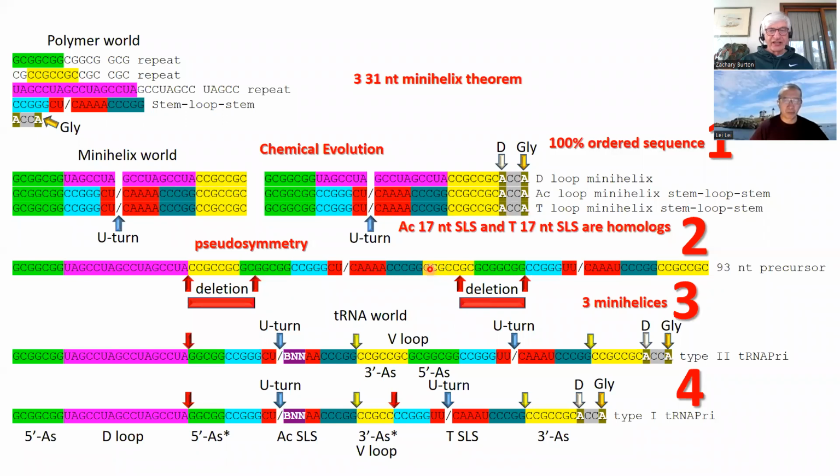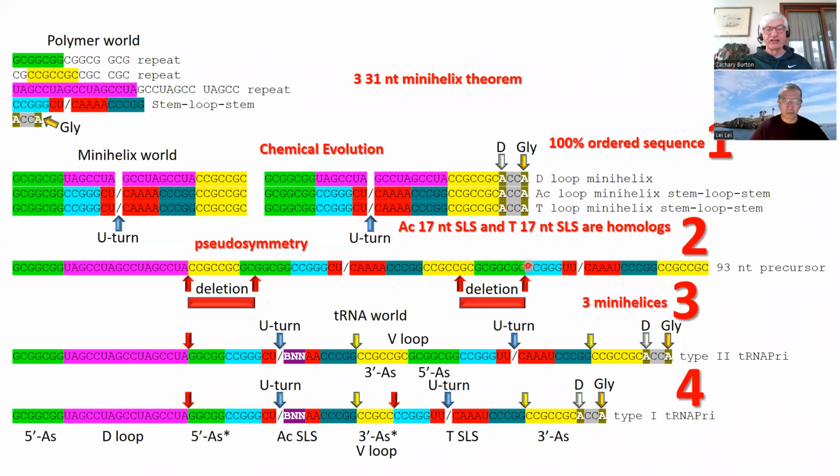Over on this side, if you do nothing, you end up with a 3' acceptor stem ligated to a 5' acceptor stem. That's 7 plus 7, that's 14. That's the primordial length of a type 2 variable loop. The only difference of a type 1 tRNA is the length of the variable loop, and in this case it's 5, and it's processed very similarly to this.